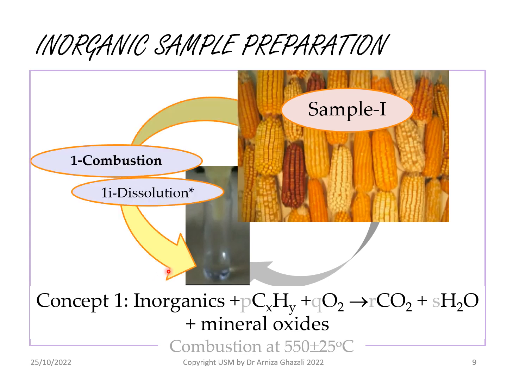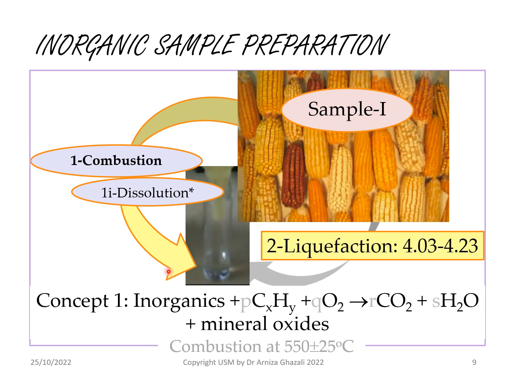Having said that, there are two ways here of extracting out inorganics from your bio samples. Okay, one is combustion, followed by dissolution, and the other one is liquefaction. Okay, so the videos are at the Open Learning site. Feel free to access them.